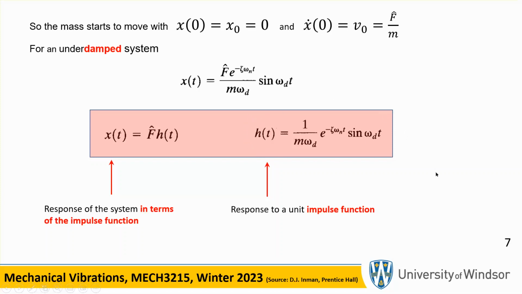If the right-hand side is not delta t, maybe it's 5 delta t, for example, then f hat is 5. So f hat is actually that area under the curve. If the area under the curve is 1, this is called the impulse response function, okay? And of course, it's due to the unit impulse.